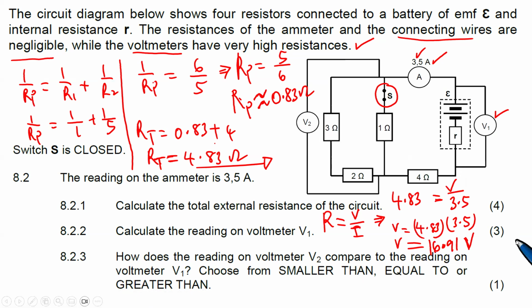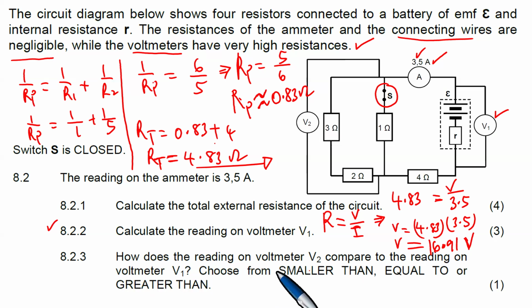Now, next, we're going to deal with the next question and focus on what we have here. So we're going to look at 8.2.3. Okay, this was 8.2.2. We found the voltmeter reading V1.